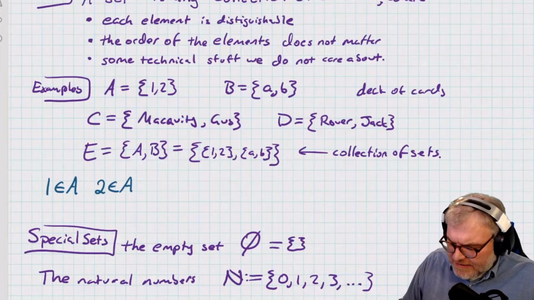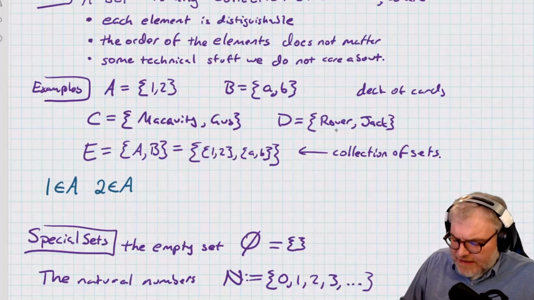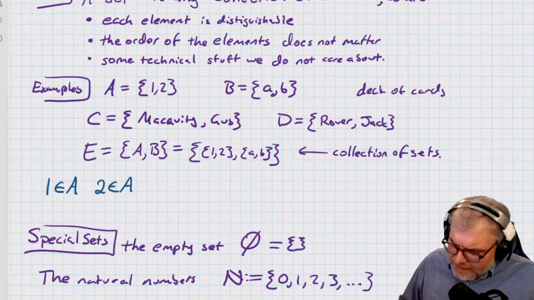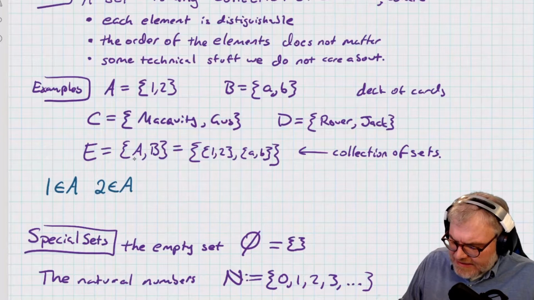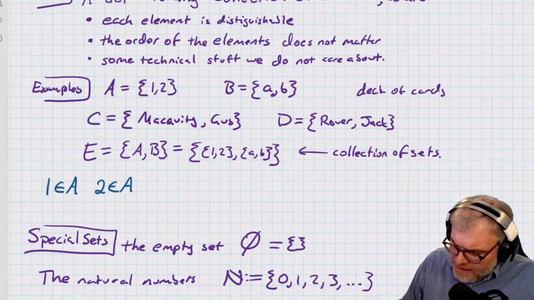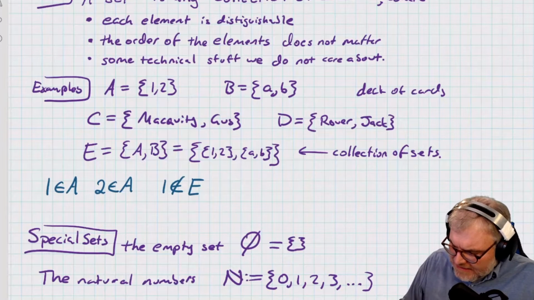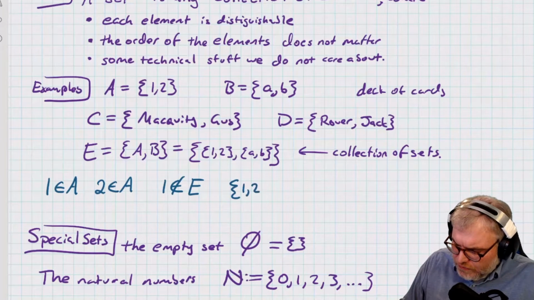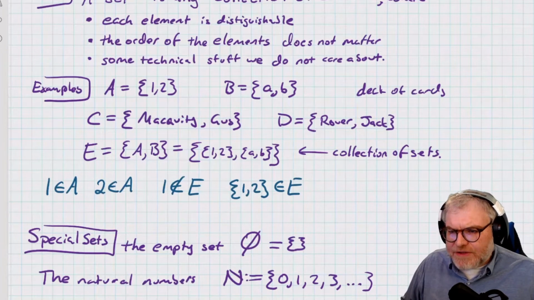Here's another set, C. It's got 2 cats in it, McCavity and Gus. I've got 2 dogs in D, Rover and Jack. And E is interesting. E is the set holding the sets A and B. Now, 1 is not, and here's how we write not, an element of E. The set {1, 2} is an element of E. That's not exactly what you expect.